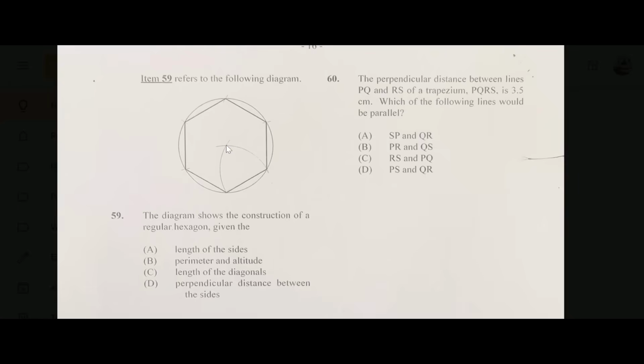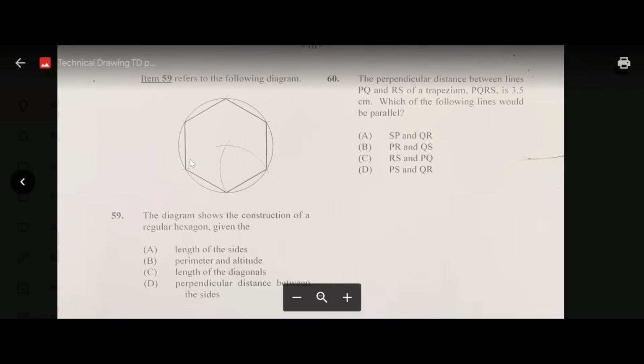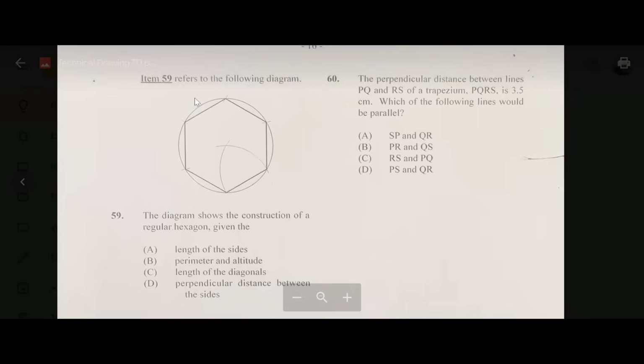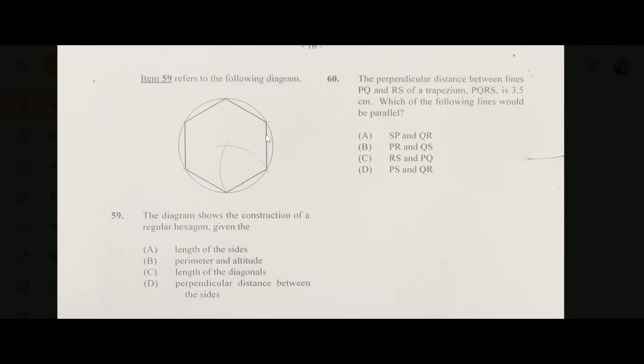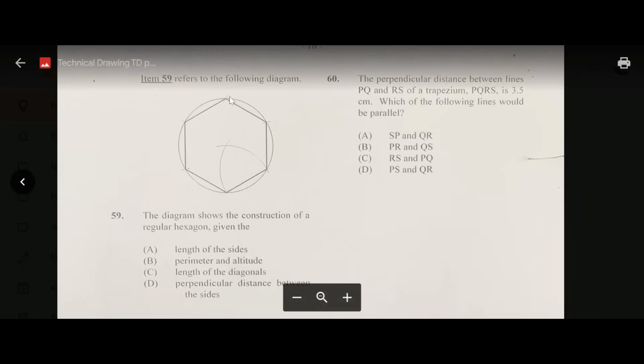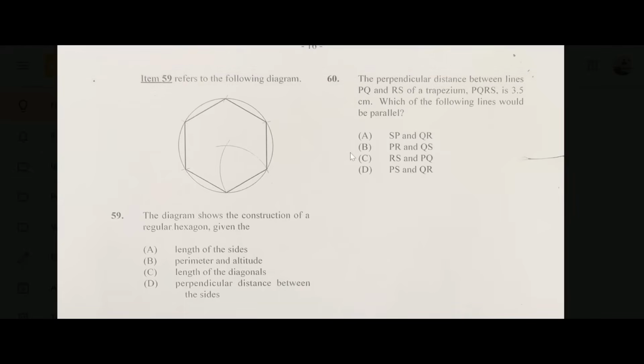Where the two arcs intersected, that was the center of the circle. So the radius was now from this point to the end of one side. They drew this circle, the circumscribing circle, and using the length of each side and a compass, they made these further cuts along the circumference, and that's how they got the hexagon.